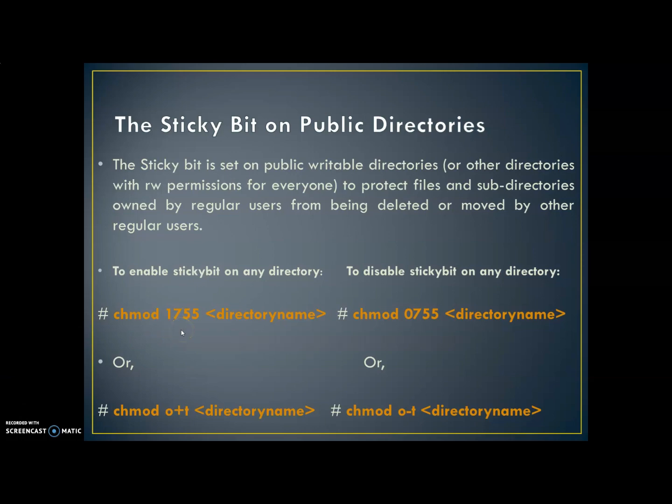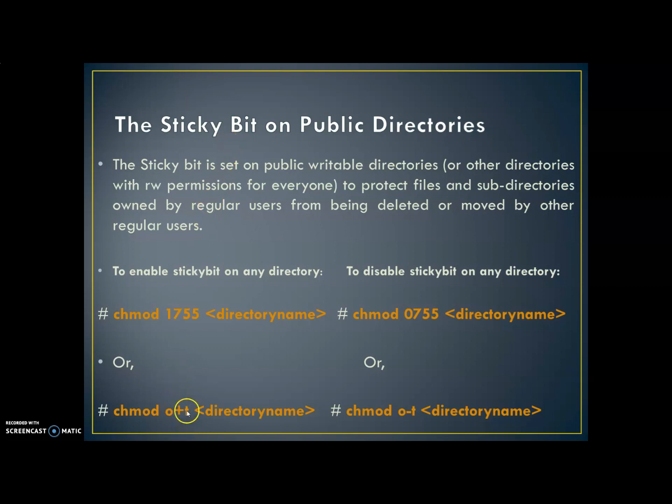If I'm going to use the octal method or the absolute method, first of all, this one value we are using for the sticky bit only. So the syntax is chmod 1755 and the argument, that is the directory name. So this is how we can enable the sticky bit. If you want to enable it with the help of the symbolic method, we will use the symbols like o and t. o is for the others, and t is what we are using to represent the sticky bit.